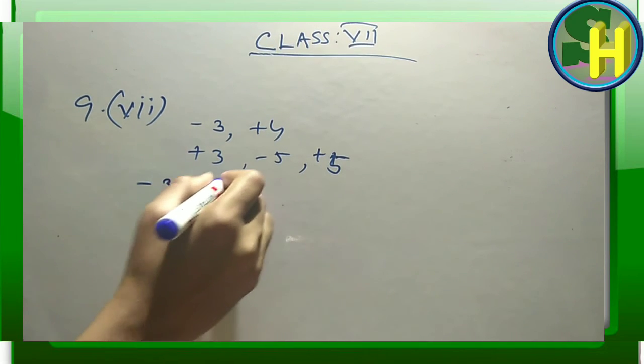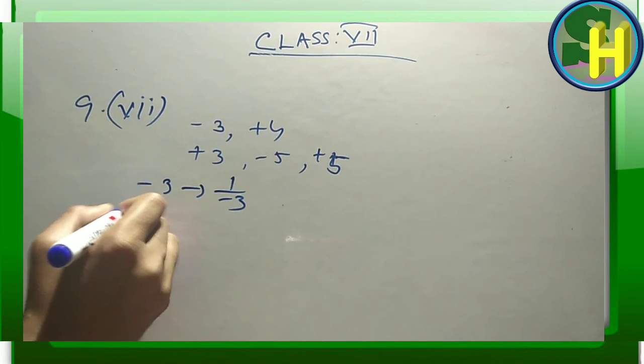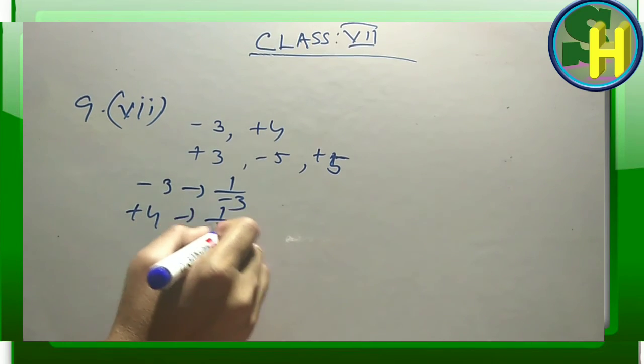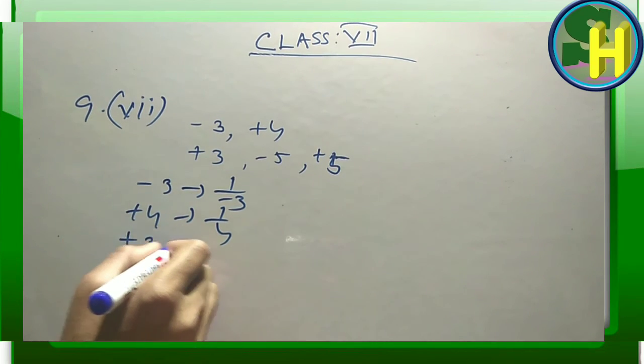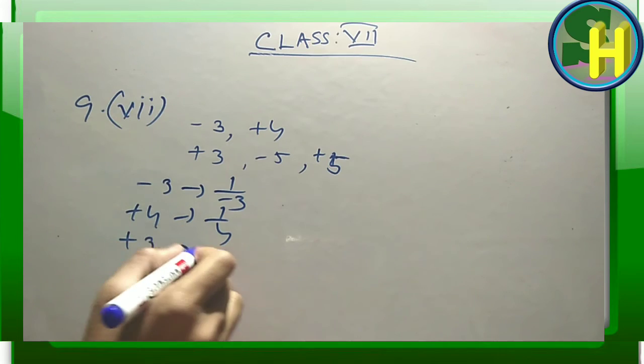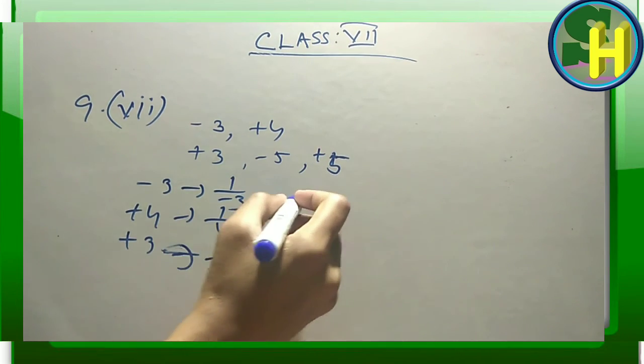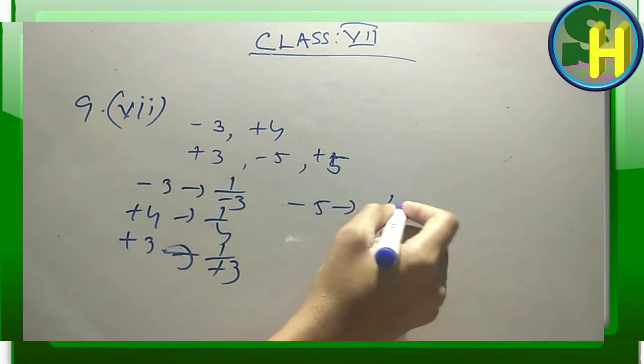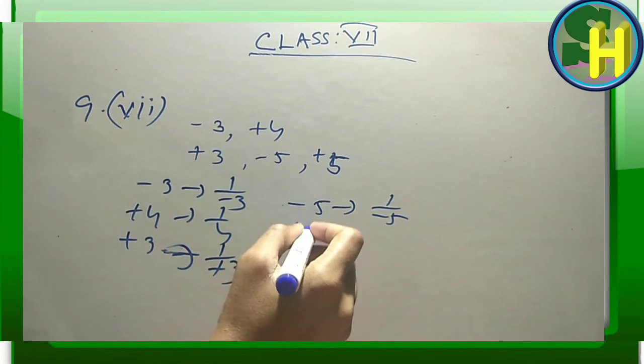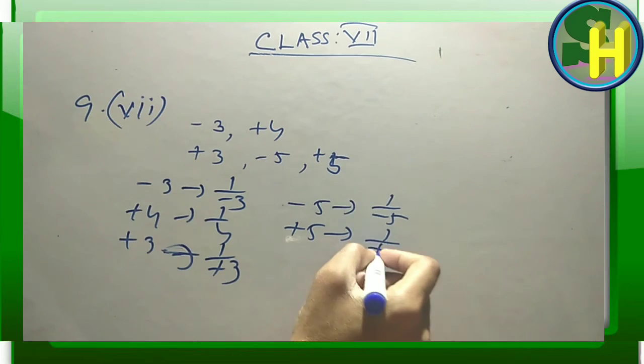Minus 3's inverse is minus 1 by 3, plus 4's inverse is 1 by 4, plus 3's inverse is 1 by plus 3, minus 5's inverse is minus 1 by 5, plus 5's inverse is 1 by plus 5.